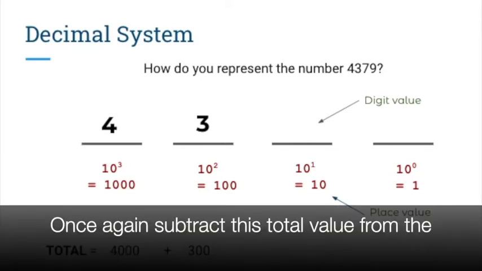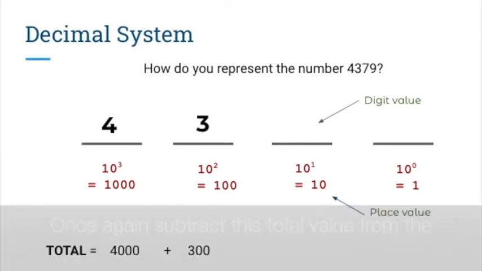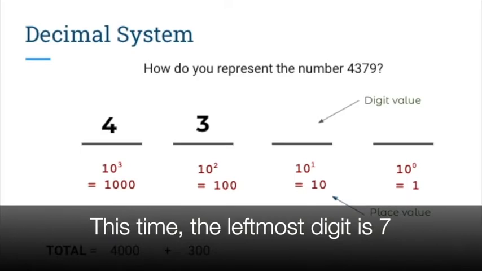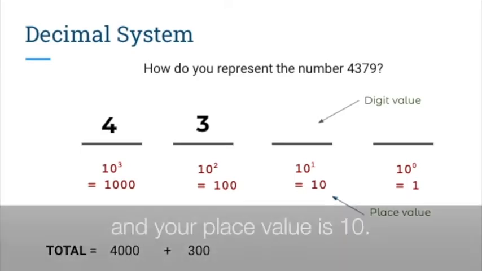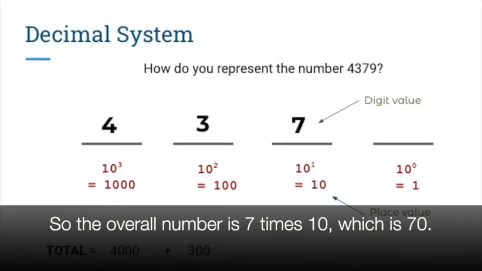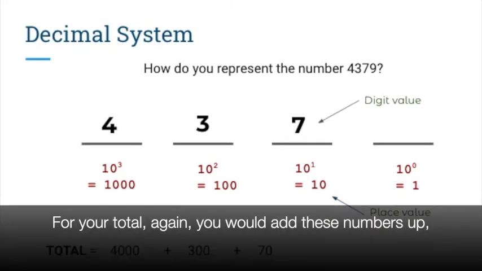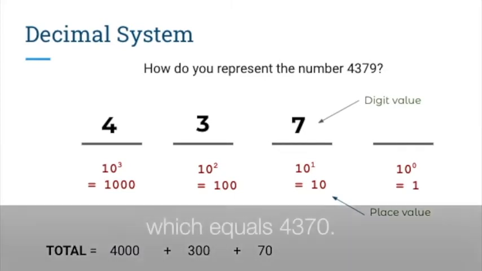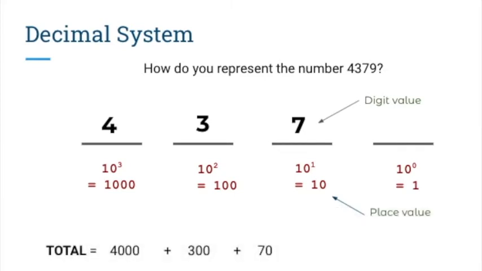Once again, subtract this total value from the overall number 4,379 to get 79. This time, the leftmost digit is 7, and your place value is 10. So the overall number is 7 times 10, which is 70. So for your total, again, you would add these numbers up, so it would be 4,000 plus 300 plus 70, which equals 4,370.